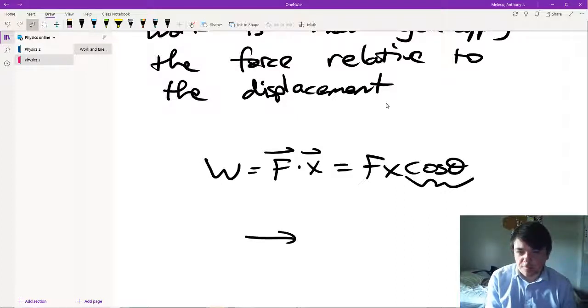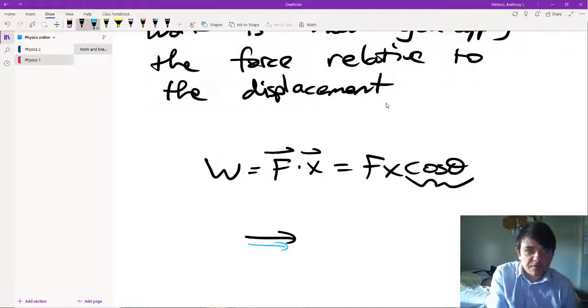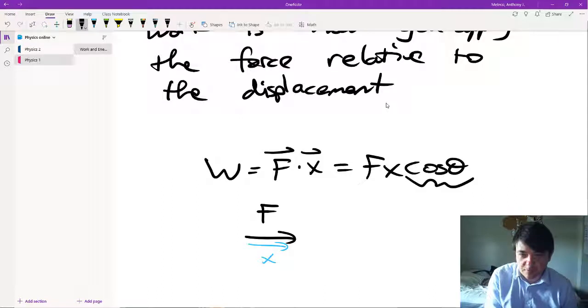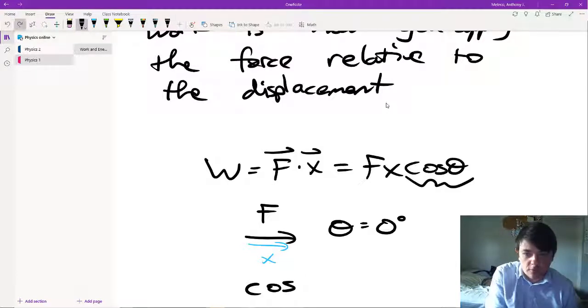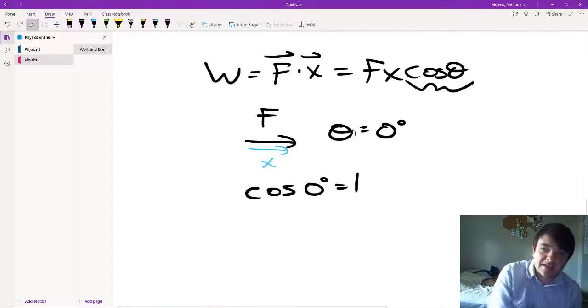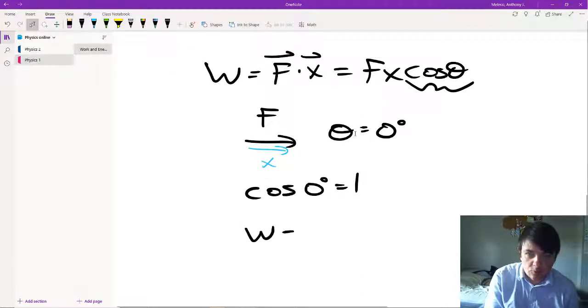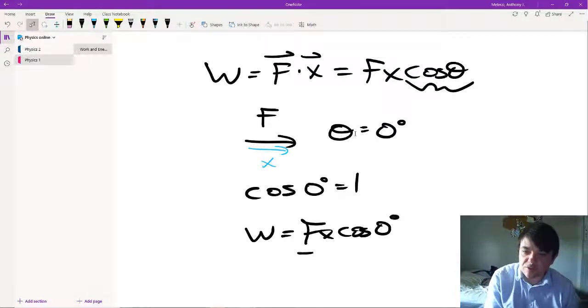Well, if force and displacement are in the same direction, and the angle between them is 0, so theta equals 0 in this case, then cosine of 0 equals 1. And so we get the maximum amount of work, because then work equals force times displacement times cosine of 0 degrees, which is just Fx.